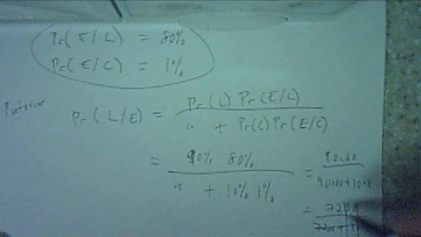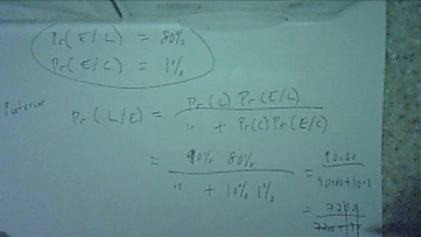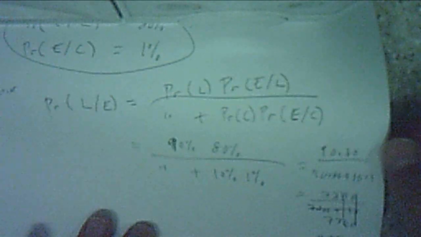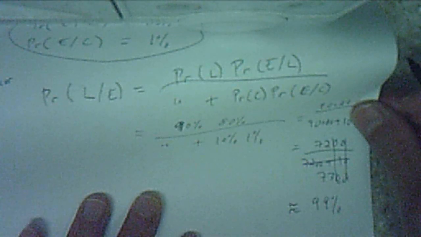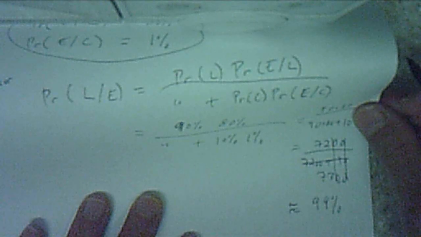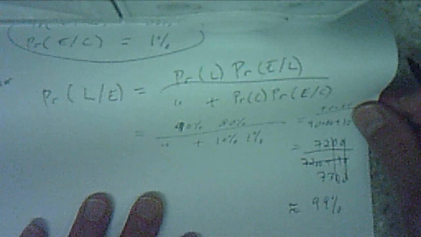You drop the zeros, that's 72 over 73. That gives you the exact answer. But you can think that's so close to one that it's pretty much 99%. That's how you do these things roughly, how you can calculate without having to do an exact calculation.